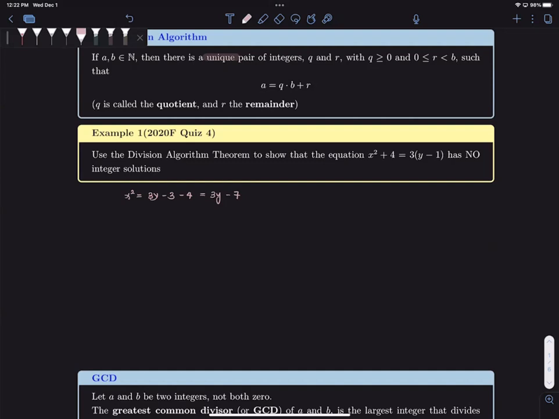Isolate the integer. We just moved that to the other side. Why do you want to isolate? Starting from here, what do we do?